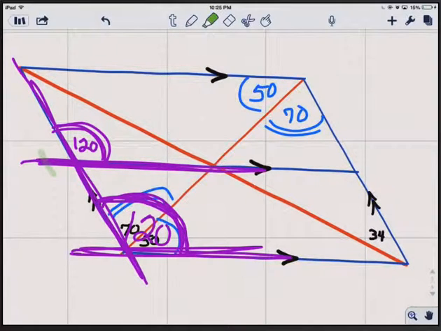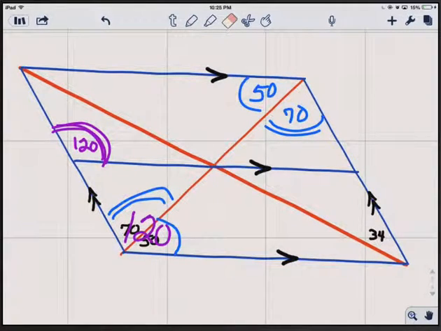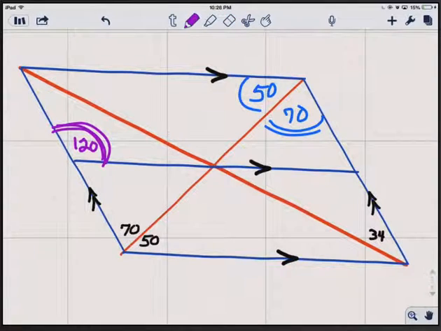And getting rid of some of that diagram, now that we have that angle, we can state that the angle right below the 120, this angle, has to be its supplement because those two angles form a straight line. So that makes this angle equal to 60.